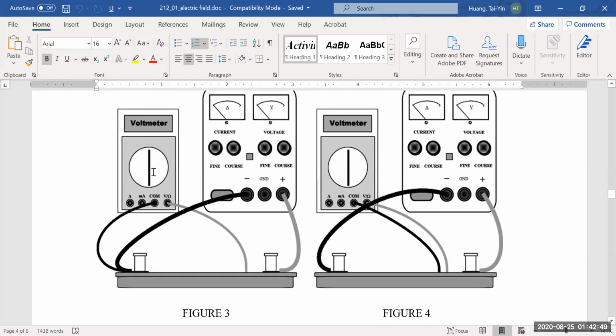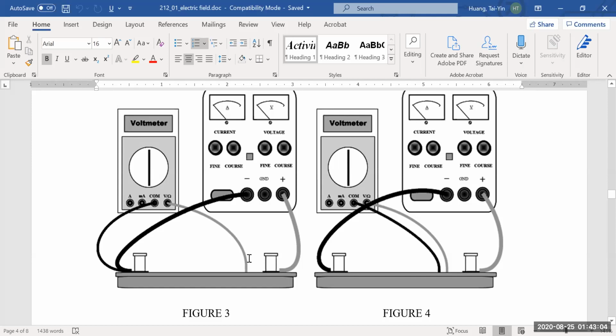and then you're going to use a multimeter to measure either the potential or the electric field. For this arrangement, this is the one that is arranged to find the equipotential surfaces.